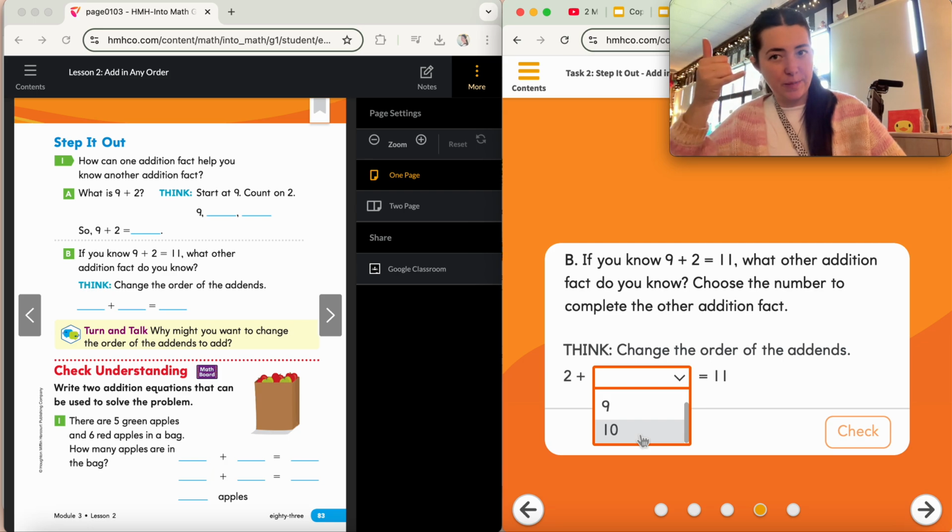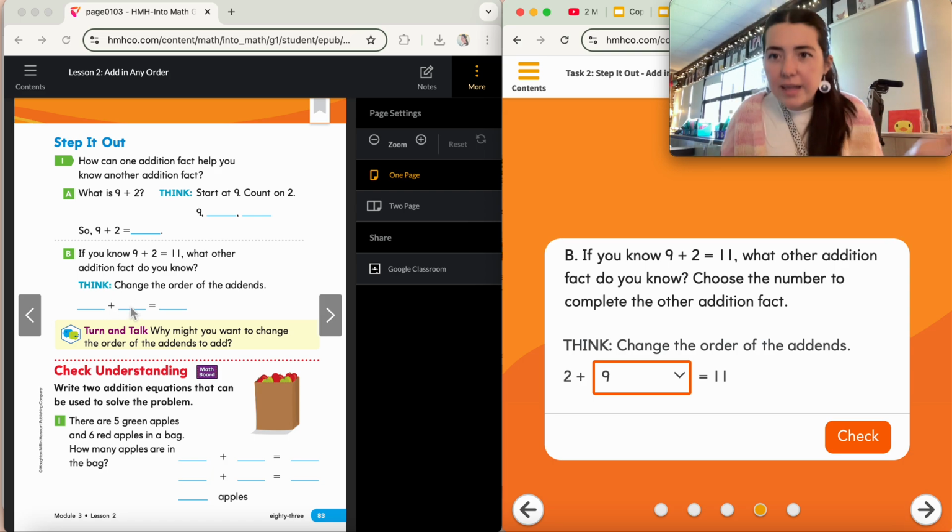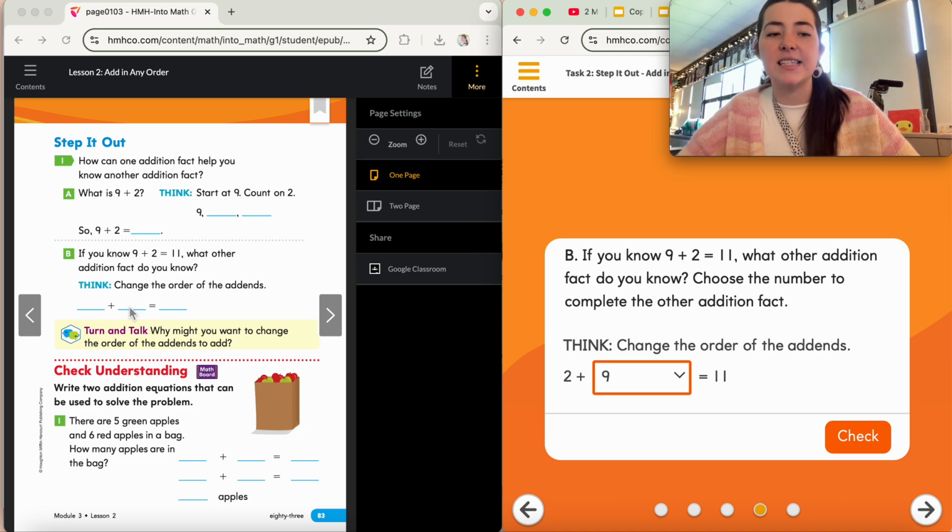We want to change their spot in line. Yeah, 2 plus 9. If we have now 2 plus 9, do we know what 2 plus 9 is? Yeah, we do, because we just solved 9 plus 2 and they just changed spots in line. So we already know that the answer is 11 because they just traded spots. So here you're going to write 2 plus 9 equals 11.